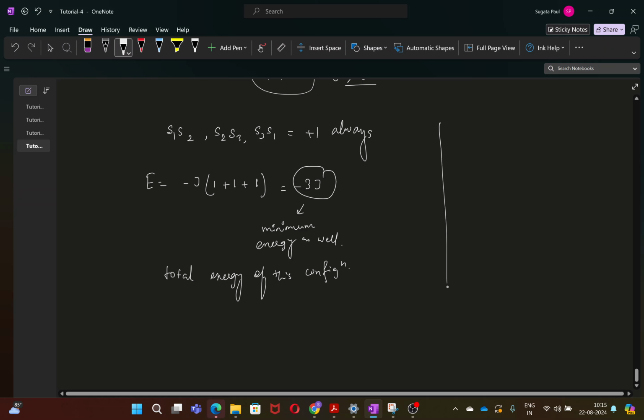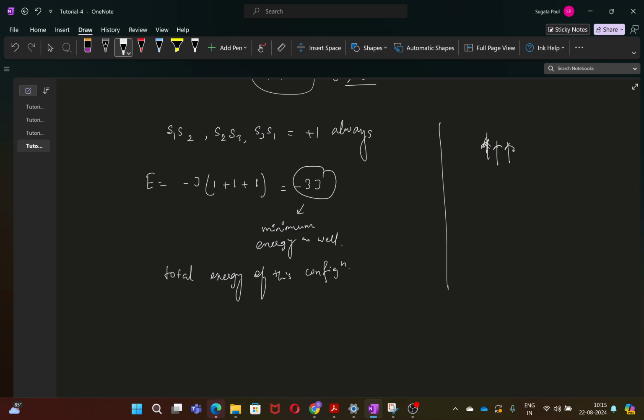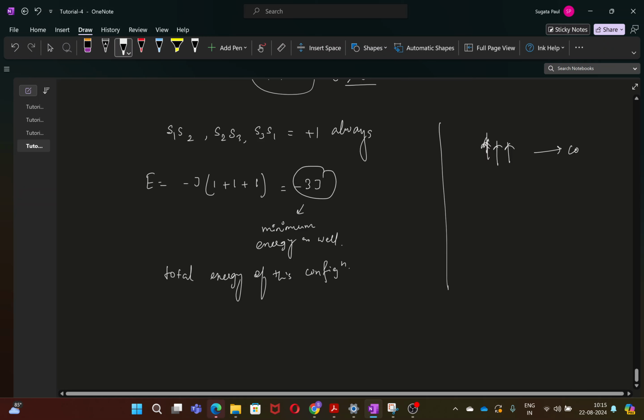Now, it was also asked how many configurations are possible. We already drew it: there are two possible configurations, either all of them up, which is configuration number 1, or all of them down, which is configuration number 2.